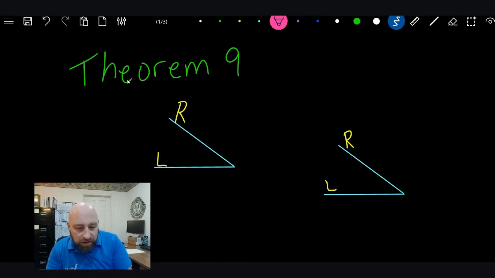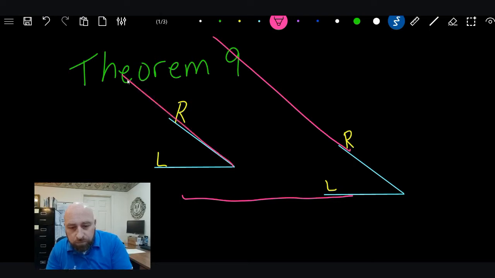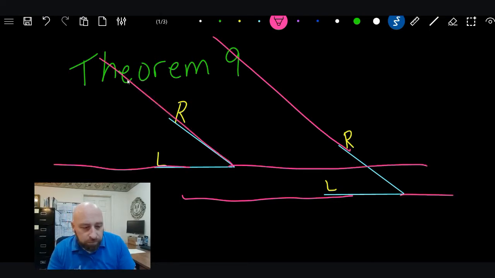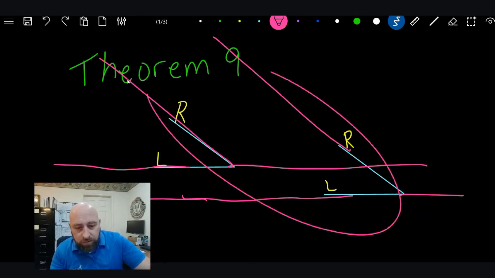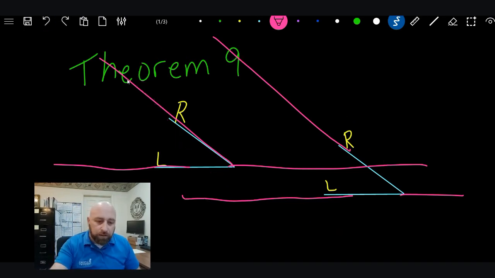I'm going to extend the line out in a different color. Well, I don't have to extend that one, but I'll extend this one. I can extend that one both ways. Now, can you see where they're parallel? These bottom sides are parallel, and these right sides are parallel.